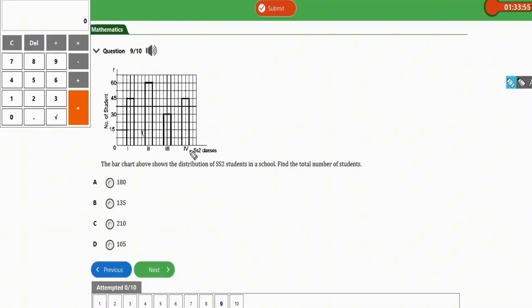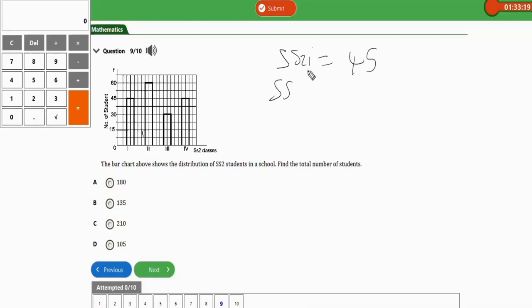We have in the horizontal axis the SS2 classes, and the vertical axis the number of students. So for those in SS2I, we have the number of students to be 45. Let me write it well. Alright, so this is SS2I.